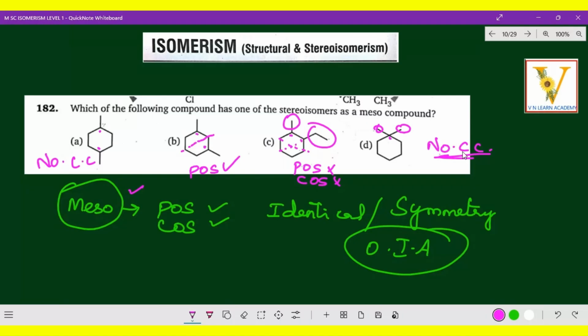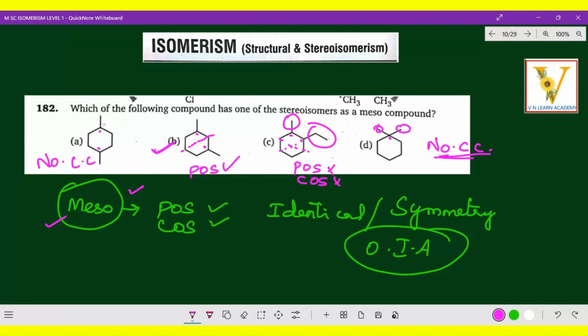So this will not be applicable for a meso compound. For a meso compound, a minimum of two chiral centers has to be present, POS or COS, any one, has to be present, with identical symmetry, and it has to be optically inactive. According to these, option B is the correct option. Hope you got the clarity about meso and what is eligible for being a meso. I hope you got it.